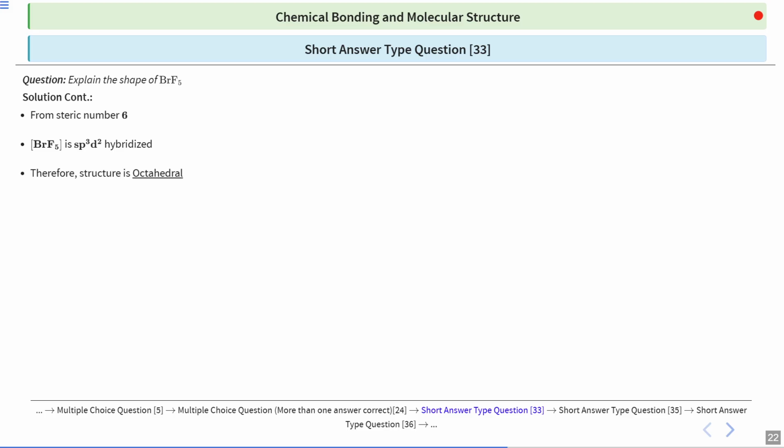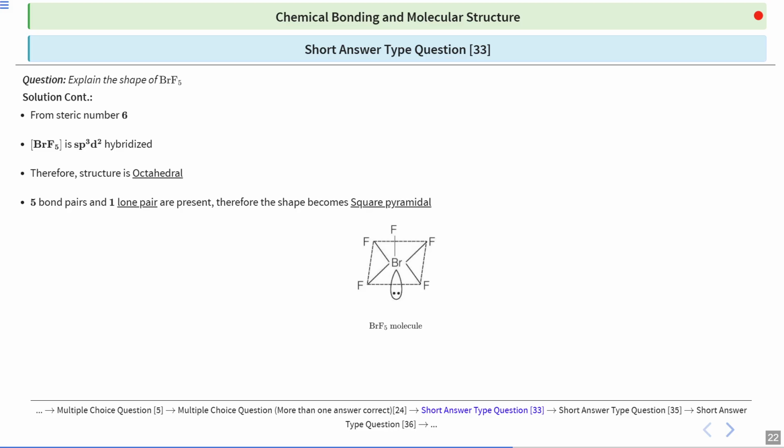If you are seeing one lone pair and steric number 6, the structure will be octahedral, but the shape will be square pyramidal. Now this is the shape that we will get. You can look here. 5 atoms are arranged in the octahedral corners and one lone pair is arranged on the left corner of the octahedral, and this gives us the total shape as square pyramidal.